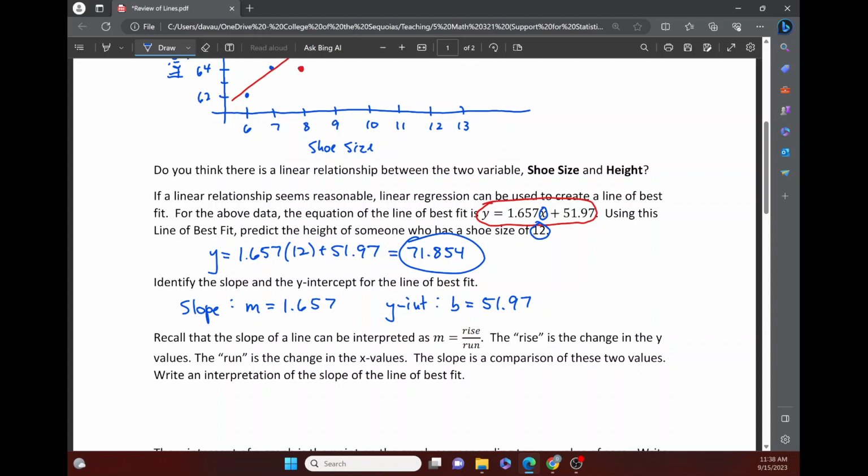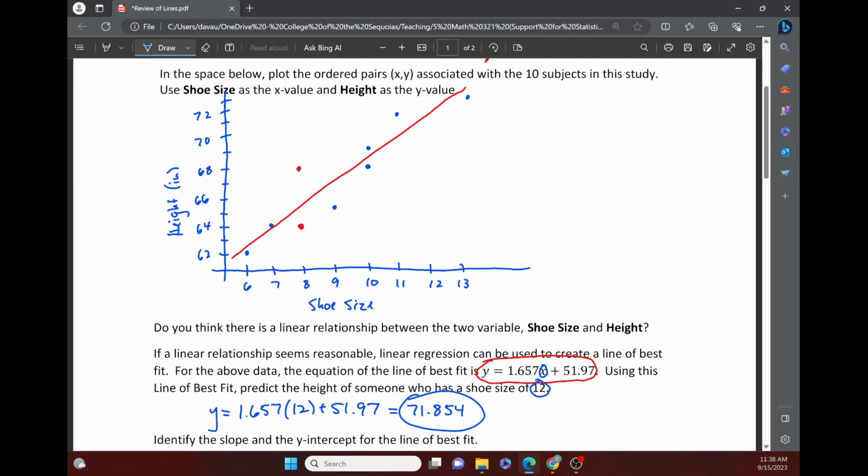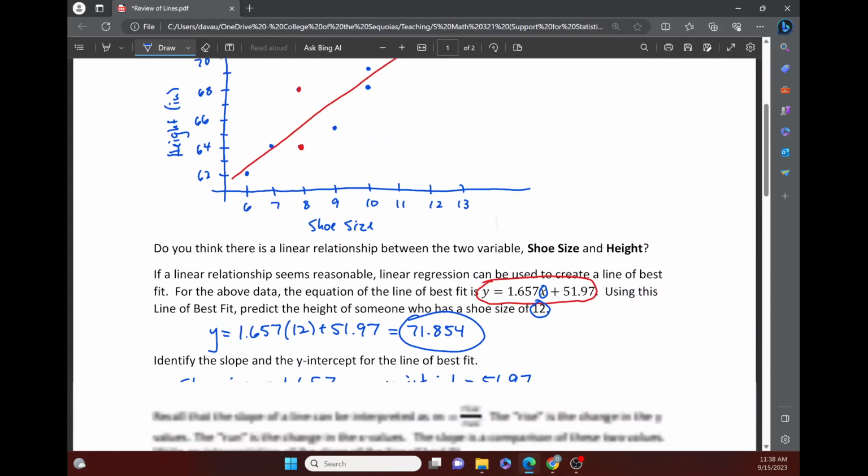So here we're asked to write an interpretation of the slope of the line of best fit. So remembering that the slope is rise over run, the rise is the change in y, in other words, the change in height in this case, okay?